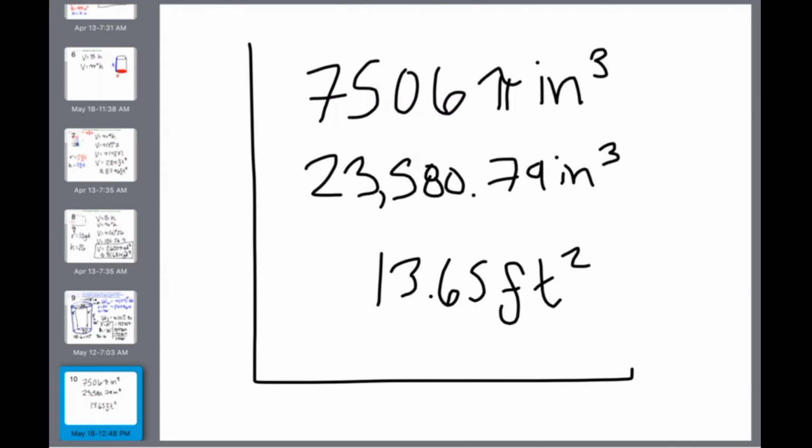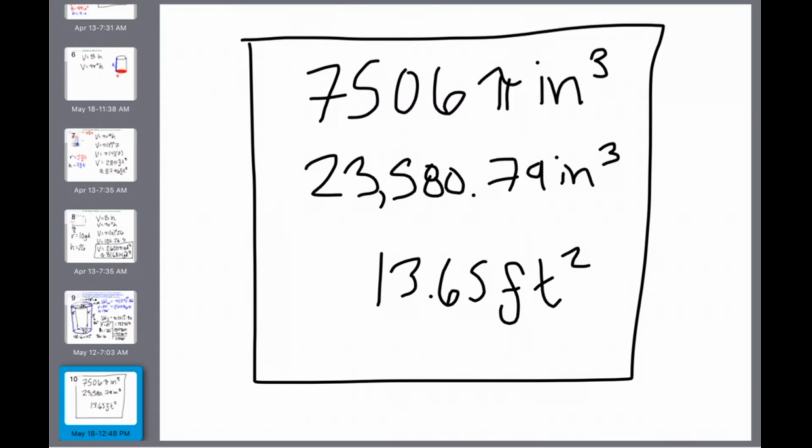So any of these answers would be correct for our previous problem. Sorry, again, I ran out of room on there. But that would be how much concrete we would need to make this container.